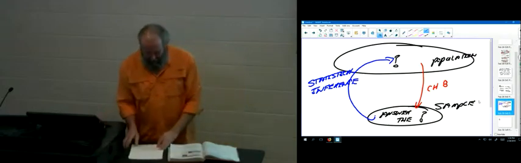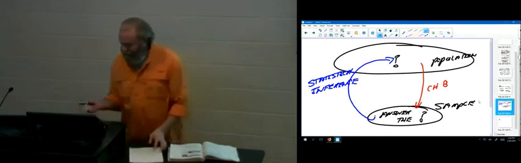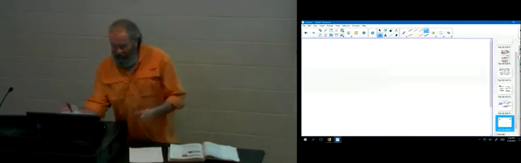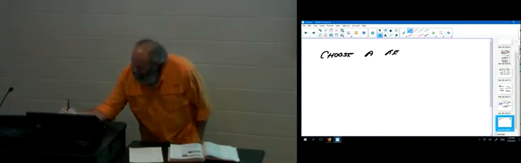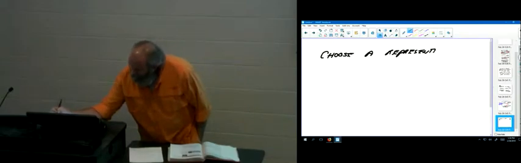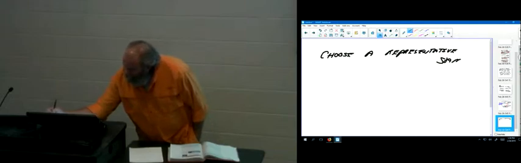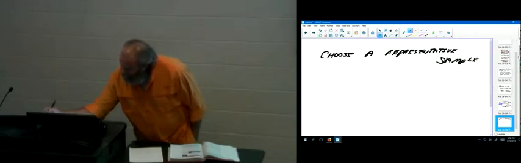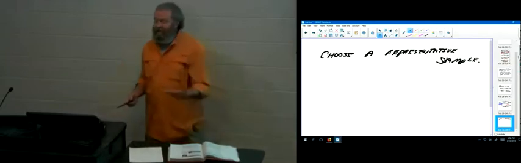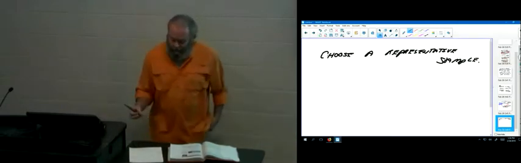Now, a couple things here. Just a little warning about some of this. We always want to choose, and the term is a representative. This is like the second time I've written this tonight. What that means is I want a sample that represents my population. I don't have any better way to say it than to say I want a representative sample.